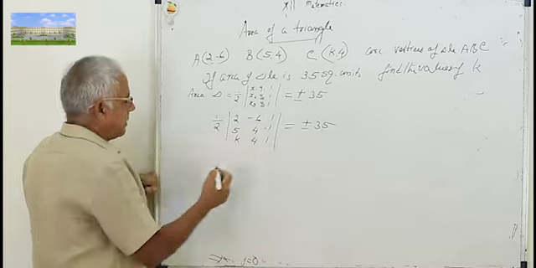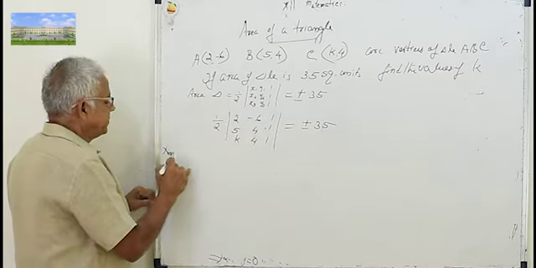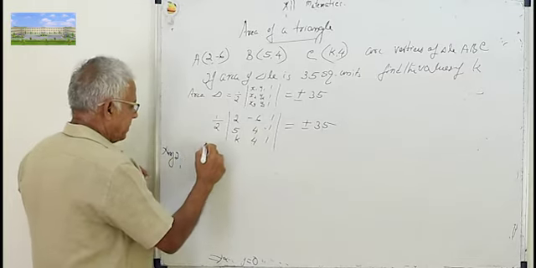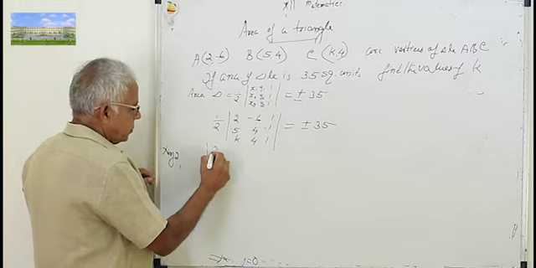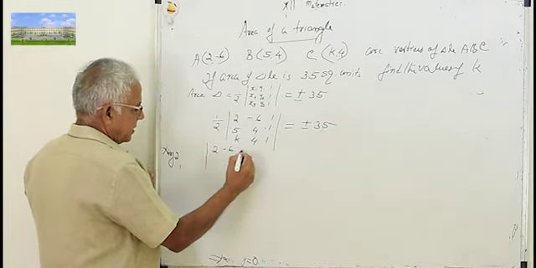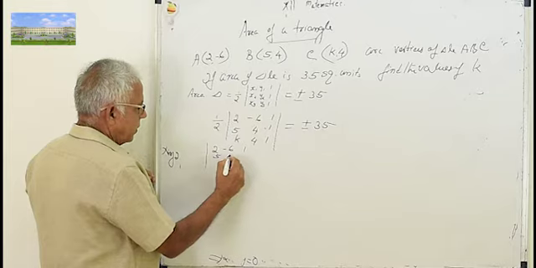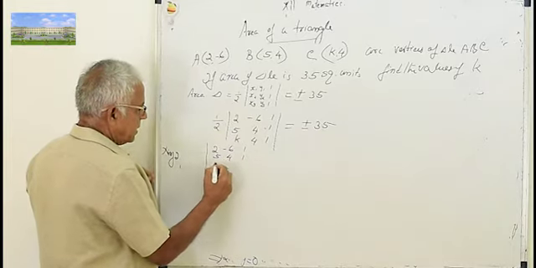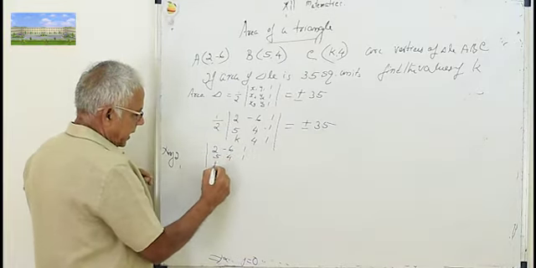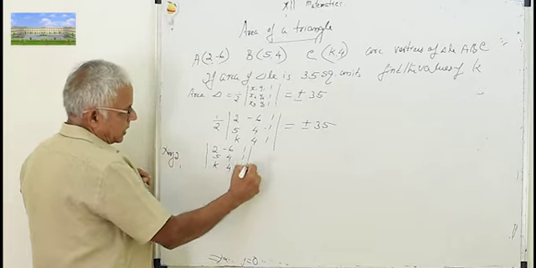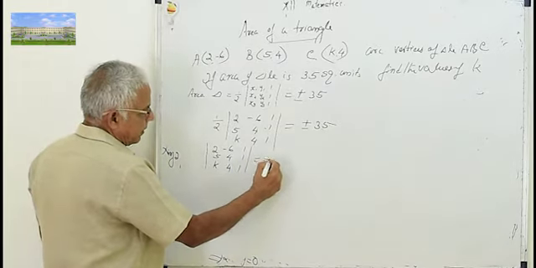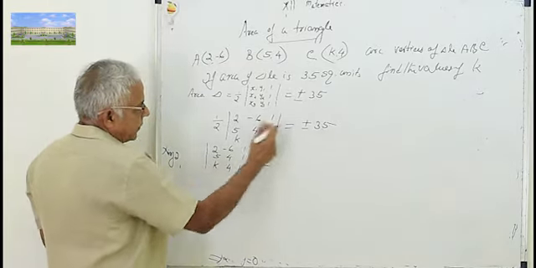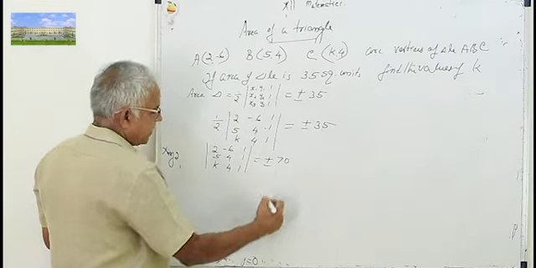Cross multiplying, multiplying by 2, the determinant 2 minus 6 1, 5 4 1, k 4 1 is equal to plus or minus 35 into 2, which is 70.